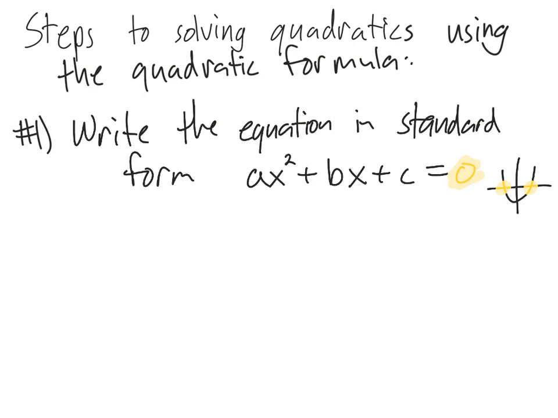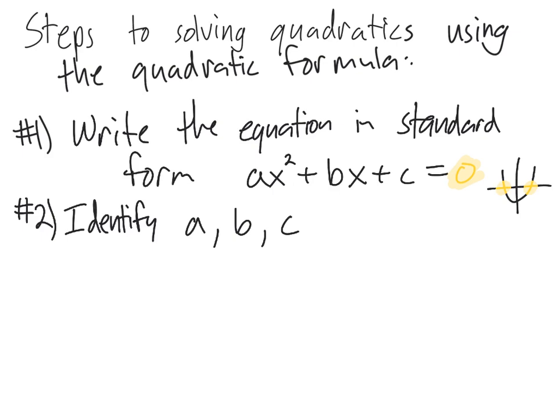All right, step number 2 is we are going to identify A, B, and C. So we're just going to write out A equals, B equals, and C equals. That's going to be different for each quadratic, depending on what these coefficients are and what the constant is at the end. So that's step number 2.